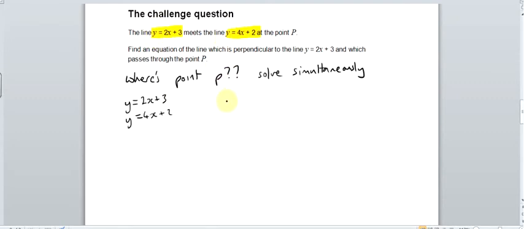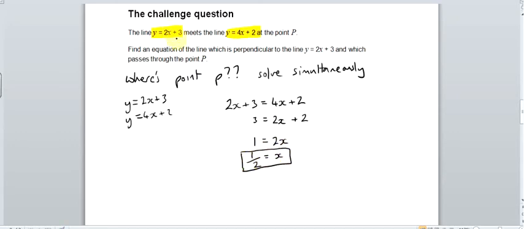So the first one, 2x plus 3 equals y, but y equals 4x plus 2. So I can solve this, so I subtract 2x from both sides. And then subtract 2 from both sides. And then divide by 2. So x is a half.